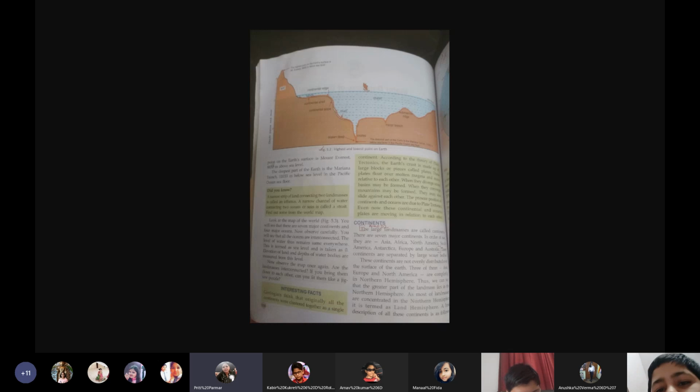Now, basically, you just need to know what tectonic plates are. These are the different layers of the earth, and they are constantly clashing with each other. Once they come in close contact, because of collision, they form mountains. But if they are moving away from each other, that means the different layers are diverging, then they form the oceans.